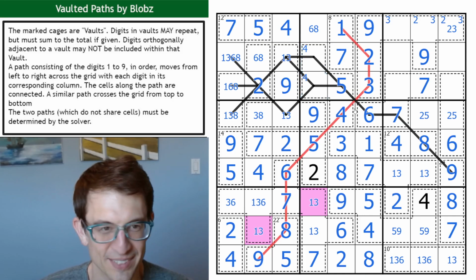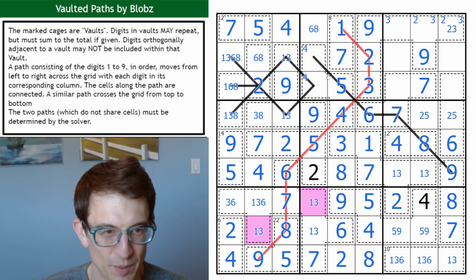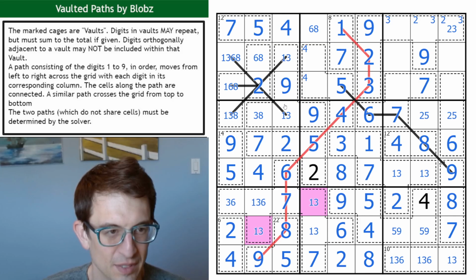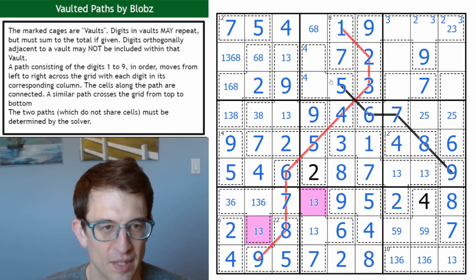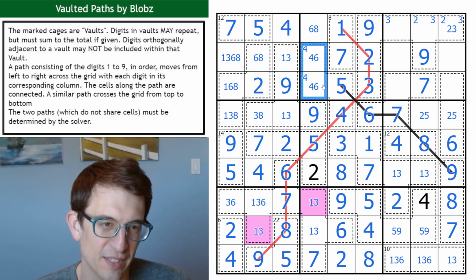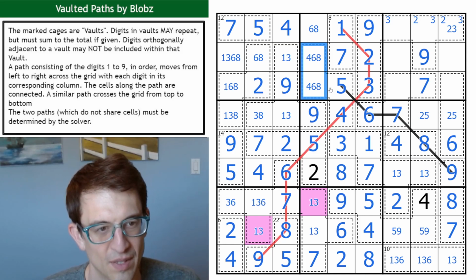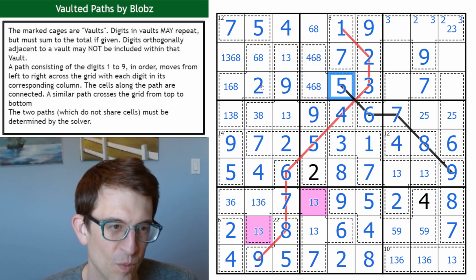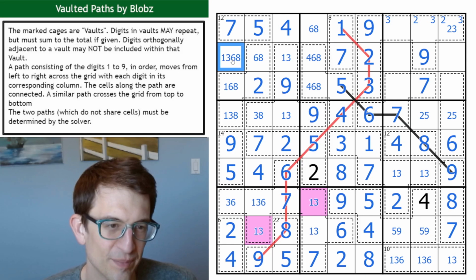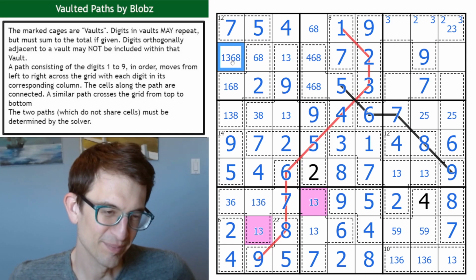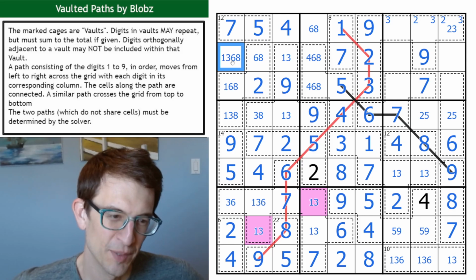Let's get rid of those black lines because I think they're actually not so helpful. This becomes 4, 6, 8. If this is 6, do I get a problem?